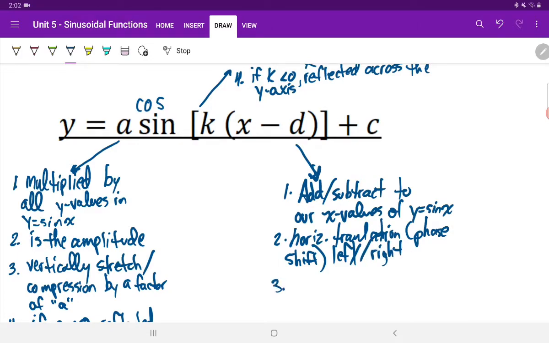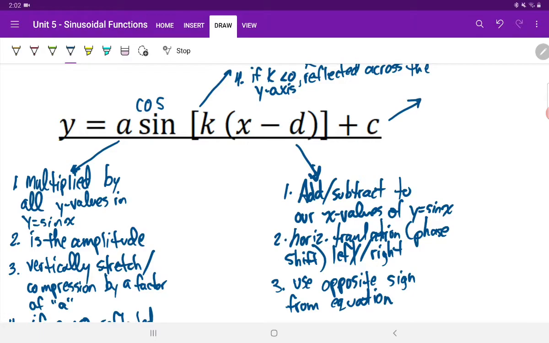And then there's one little trick: if it says x minus 5, for example, even though it says minus 5, what you really do is you add or subtract the opposite sign to your x values. So use opposite sign from the equation. All right, so if it says plus 5, you do minus 5 to your x values. If it says minus 5, you do a plus 5 to your x values.